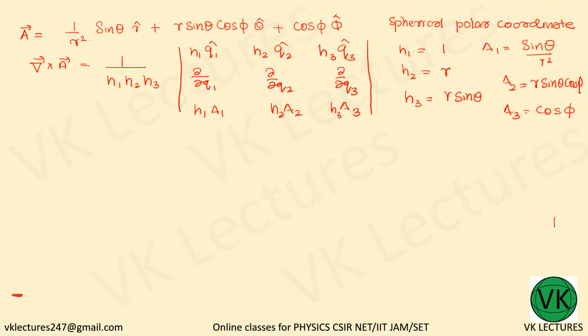Now let us write down what is del cross A in spherical polar coordinates. That's equal to 1 by h1 h2 h3, product of h1 h2 h3 is r square sin theta.